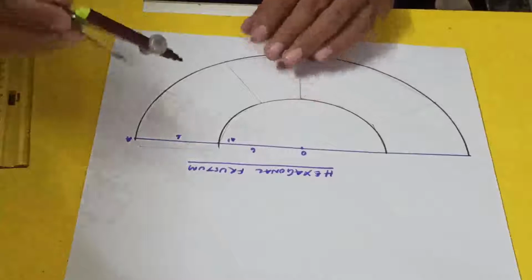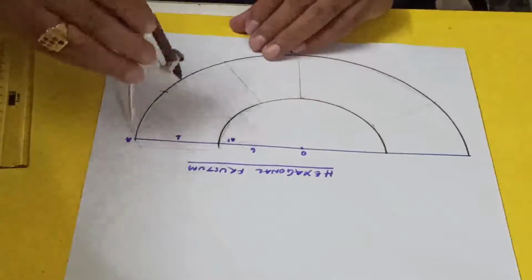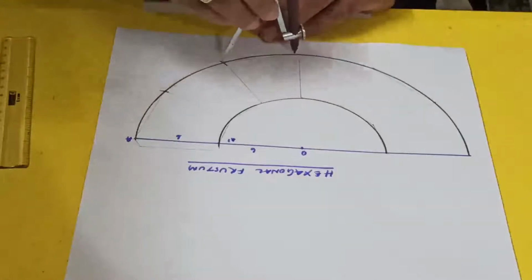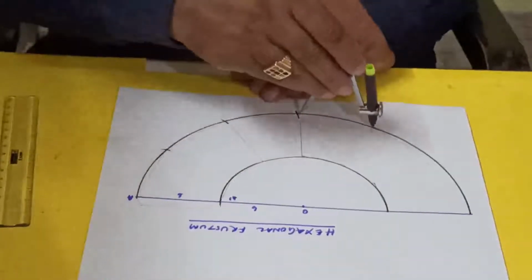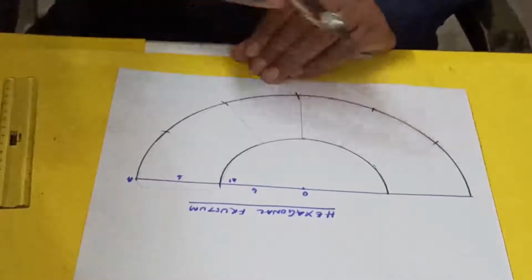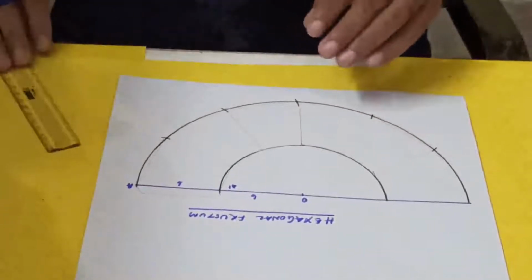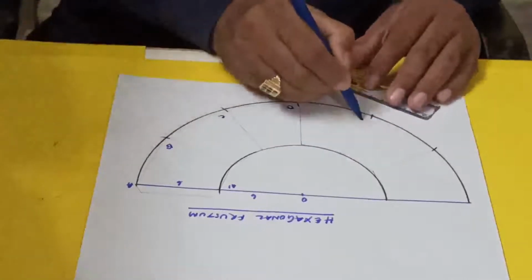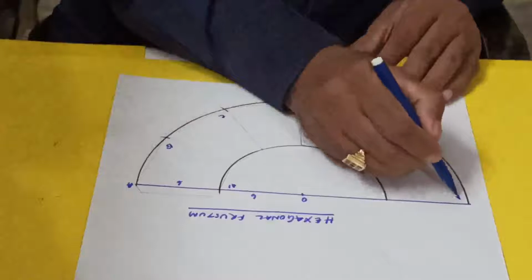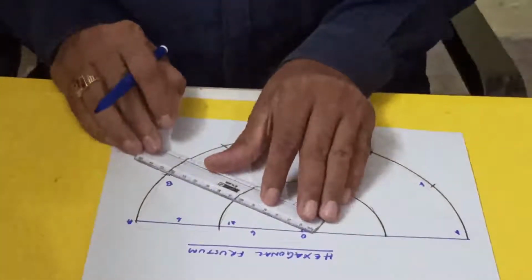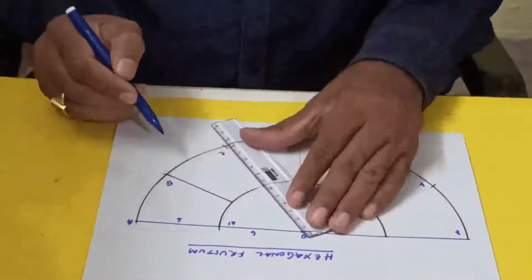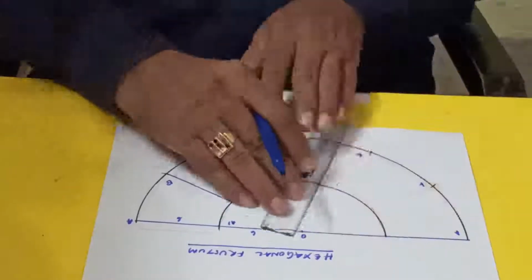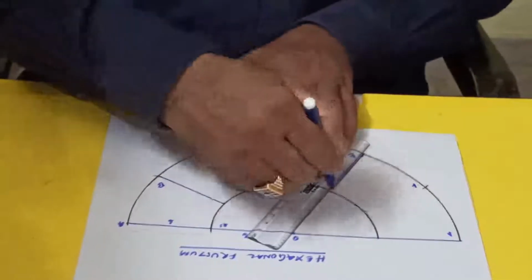Now I will join. I'll cut from A a 6 centimeter side: 1, 2, 3, 4, 5. Now this is B, C, D, E, F, A. Now join OB, OC, OD, OE, OF.